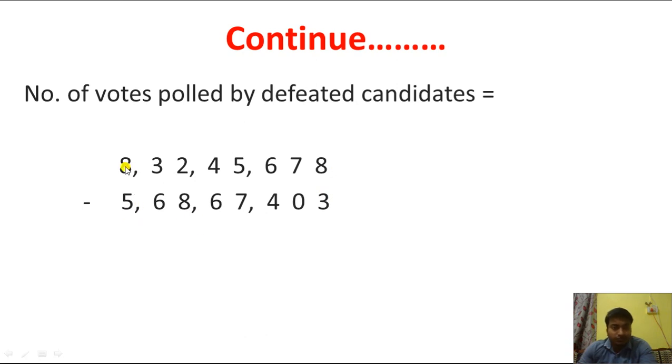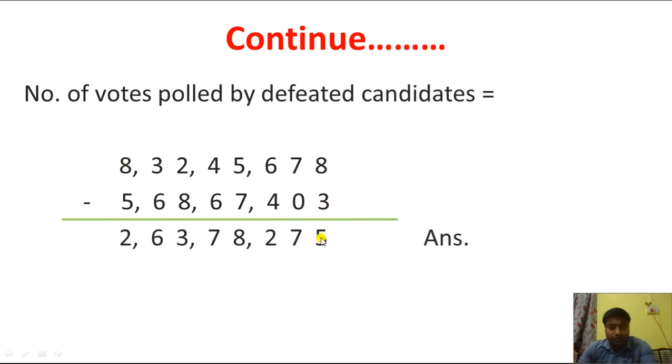Okay, so when we subtract, 8 minus 3, we'll get 5; 7 minus 0, 7; 6 minus 4, 2. 5 is less than 7, so this 5 will take borrow from 4, so this will become 15 and this will become 3. Now 15 minus 7, 8. 3 is less than 6, so 3 will take borrow from this 2, so this will become 13 and this will be 1. Now 13 minus 6, 7.